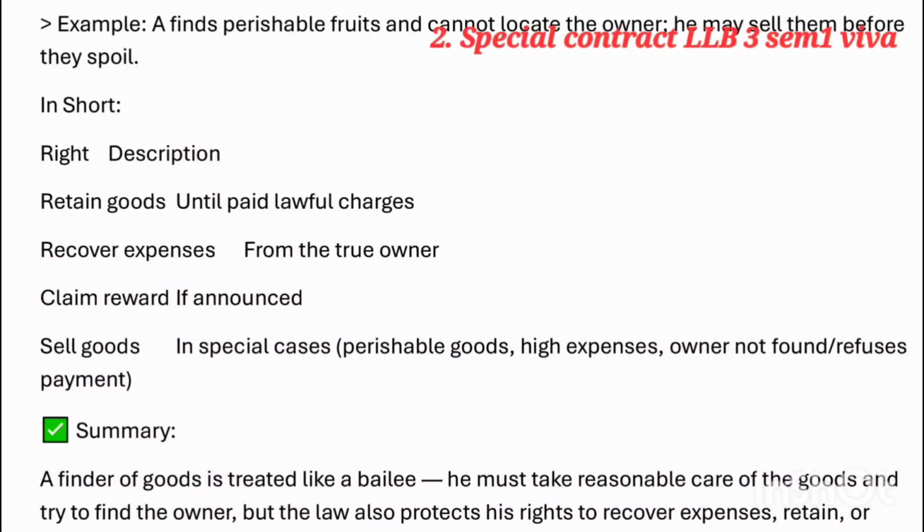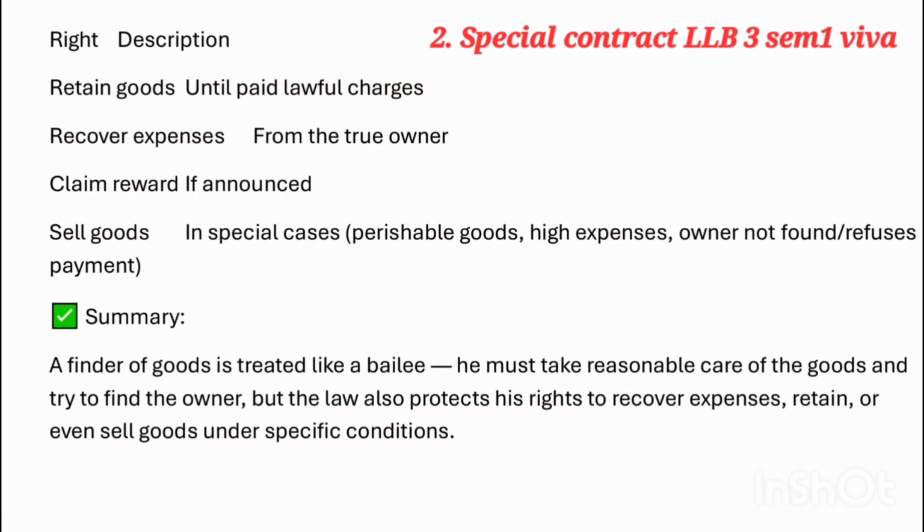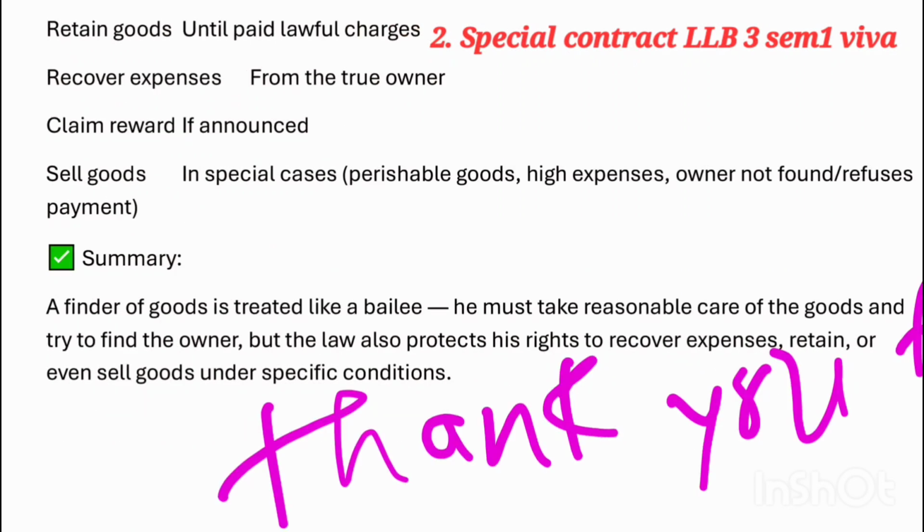Summary: a finder of goods, like a bailee, must take reasonable care of the goods and try to find the owner, but the law also protects his right to recover expenses, retain or even sell goods under specific conditions.